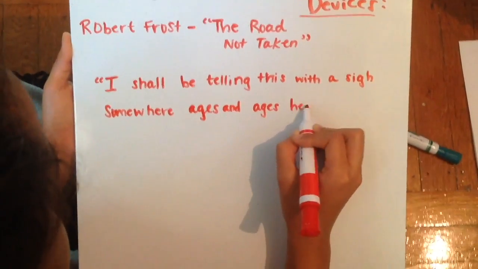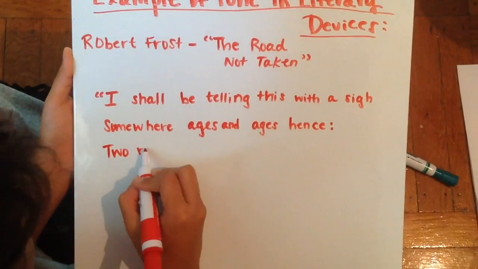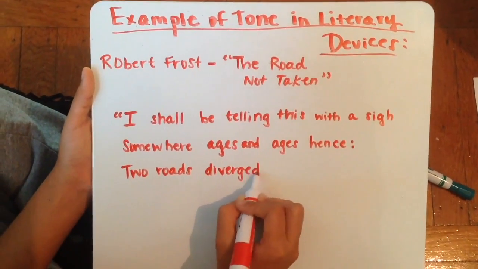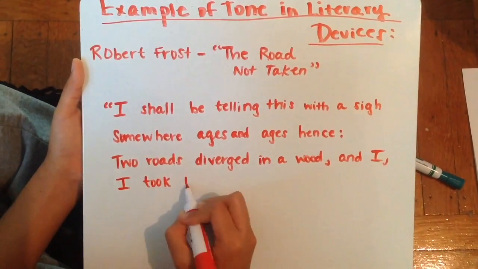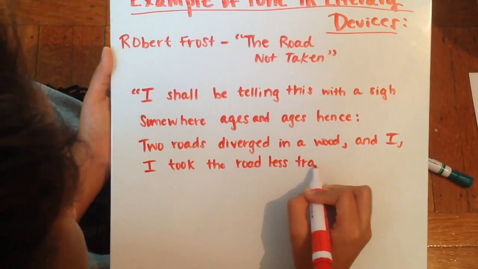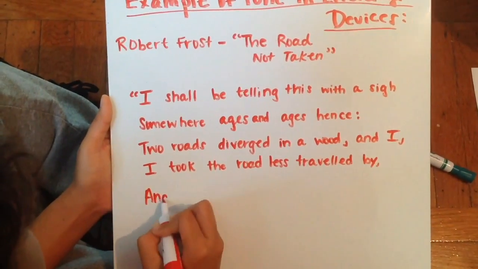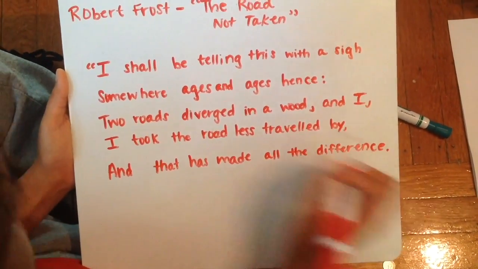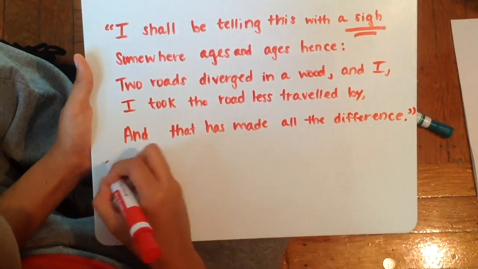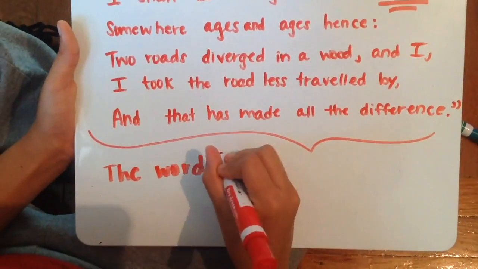Specifically, we'll be looking at the last stanza. It states, "I shall be telling this with a sigh, somewhere ages and ages hence. Two roads diverged in a wood, and I took the road less traveled by, and that has made all the difference." In this example, the tone indicated by the word sigh is unhappy.